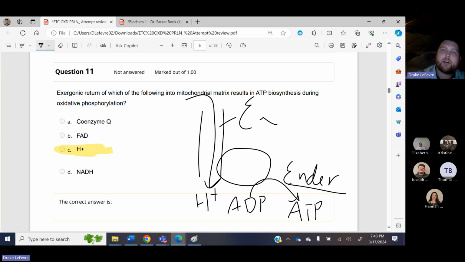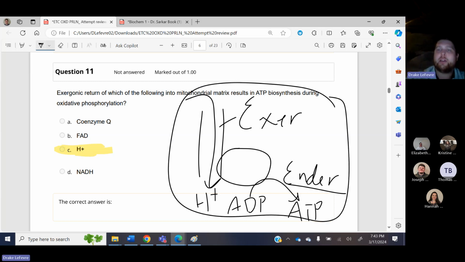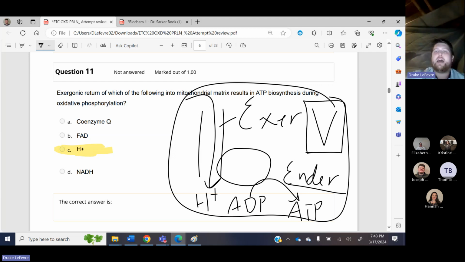So this is exergonic, and this is endergonic, and this whole thing is technically considered complex 5. So that's why complex 5 is exergonic and endergonic, but it's mostly considered exergonic because more energy is going to be released than what is going to be absorbed and used.